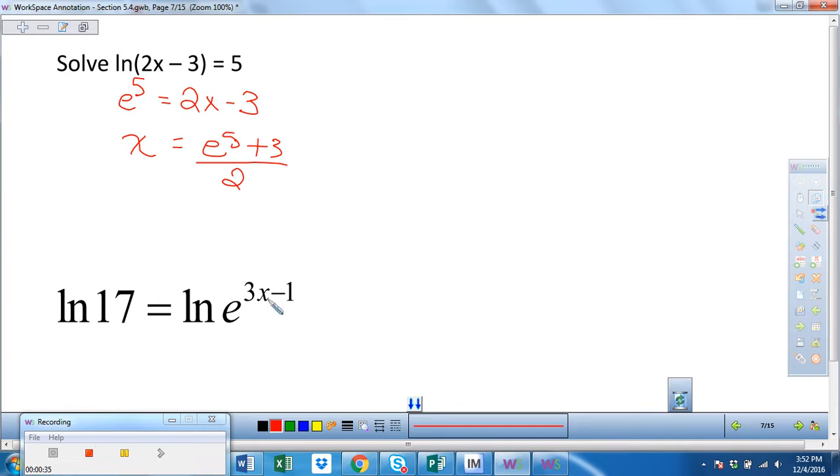For this one, what I have to remember is the property that the natural log of e to the 3x minus 1 is simply equal to 3x minus 1. So I could also have said that 17 is equal to e to this expression, because I'm going to end up with that anyway.